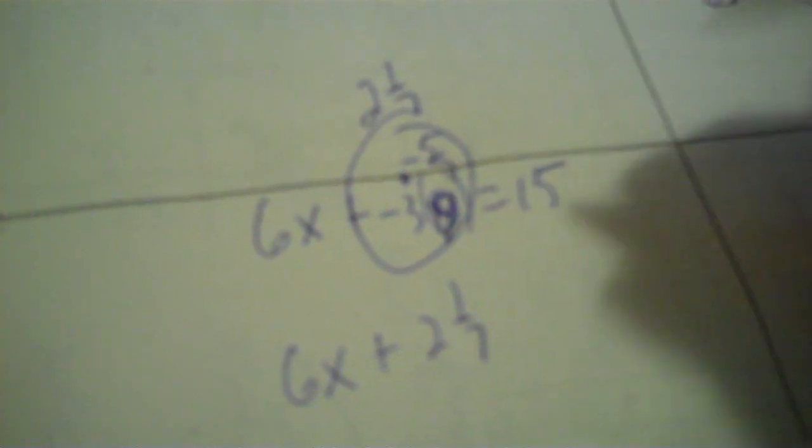Then you take negative 3 times negative 5 over 7. I got 2 1/7. Got to hold it together here. So 6x plus 2 1/7 equals 15. Then minus 2 1/7, minus 2 1/7.